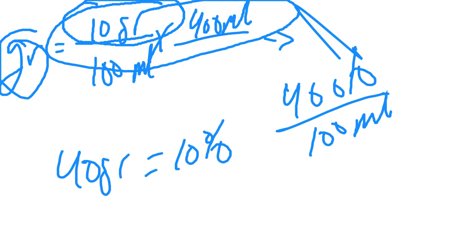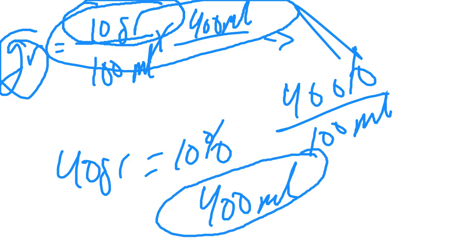That will be 400 mLs final volume. Pretty simple. You just need to memorize that X percentage equals X grams over 100 mLs. As long as you remember that, you're going to get it.